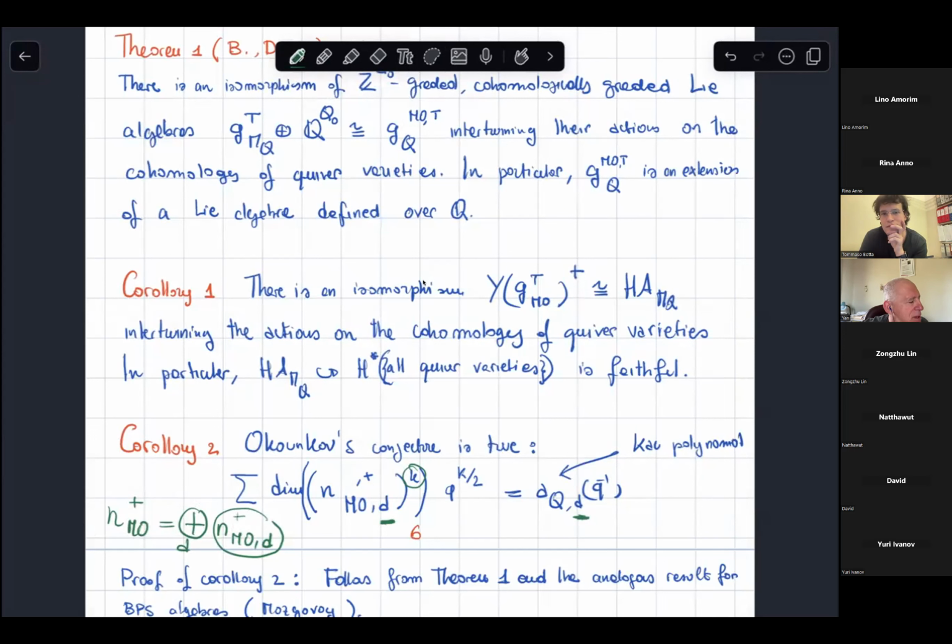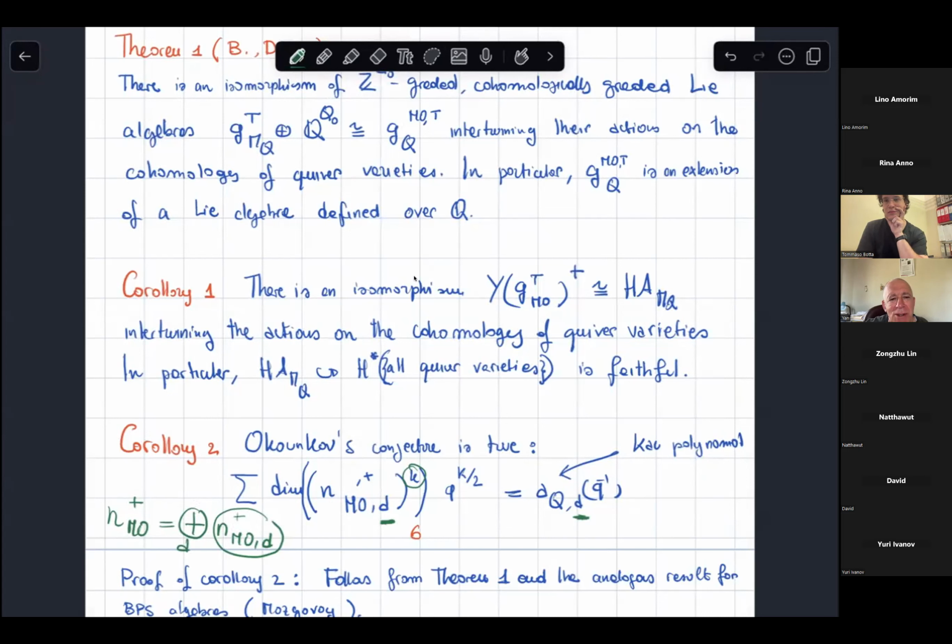I remember, it was more or less the same time, like 2012, I had an idea that you can look for a cohomological Hall algebra corresponding not to the quiver, sorry, but to the character variety of this curve.